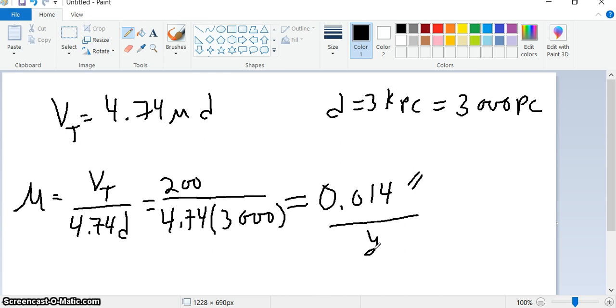And this is definitely observable. This is something that we can measure in our telescopes, and we could measure that even 100 years ago with not too much difficulty.